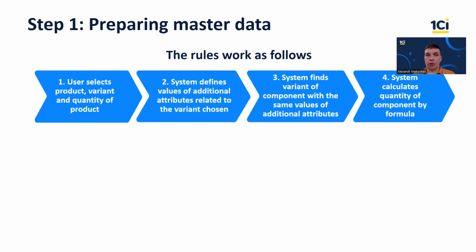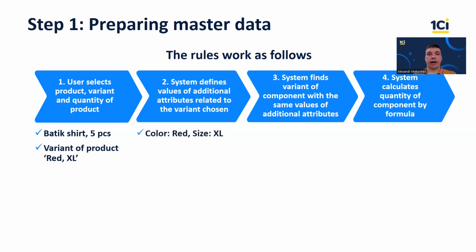That's how it works, and we will see it in our example, where we will work with batik shirts. We will get some variants of finished products, and we will find that a variant of the finished product has the color red and size XL.